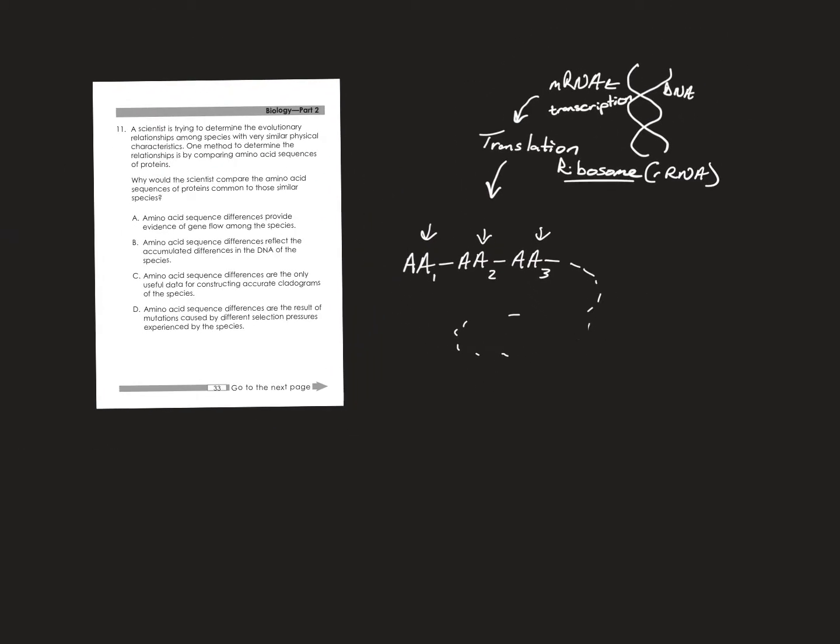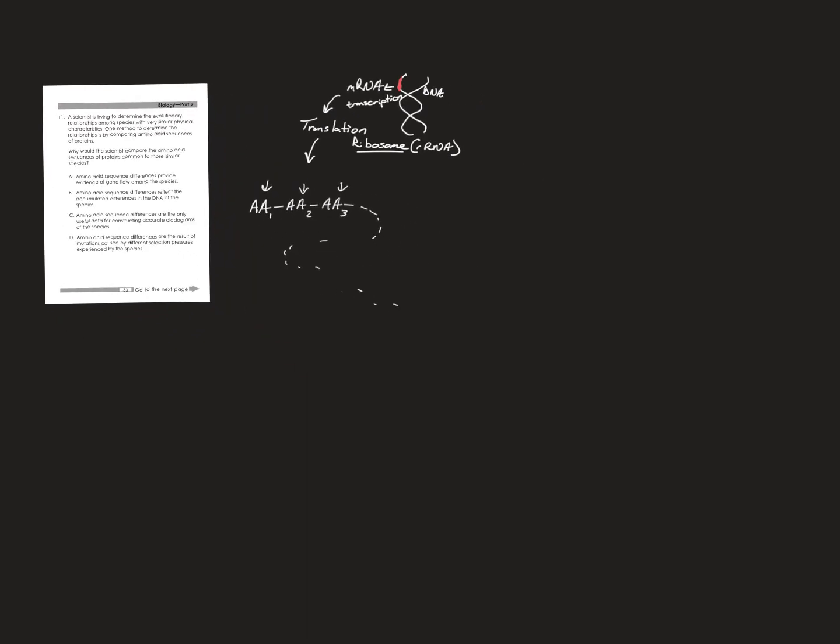All right. So this gene that made this protein that was transcribed and then translated, if you had two species, two different birds, they would have two different sets of DNA.